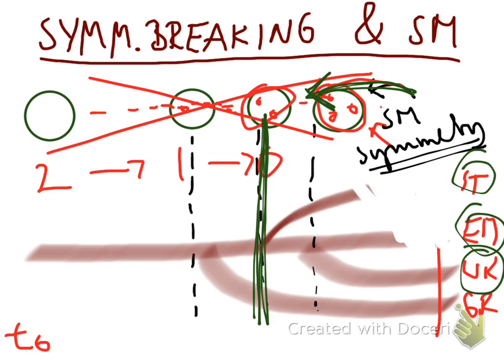It works beautifully well, but gravity still kind of stands out, and there have been lots of attempts to incorporate gravity. We have a well-working symmetry that explains all these things, but it's not the most beautiful symmetry.